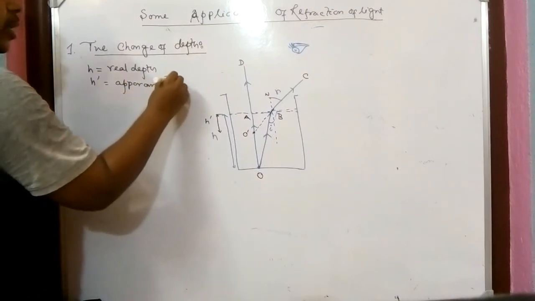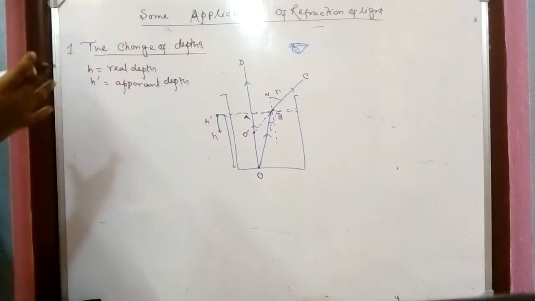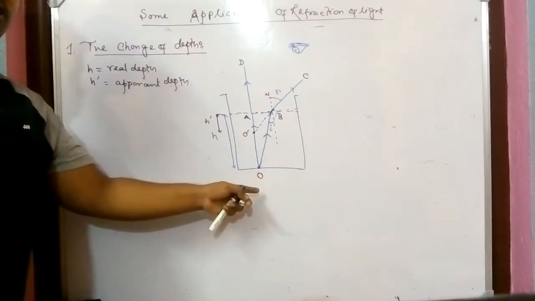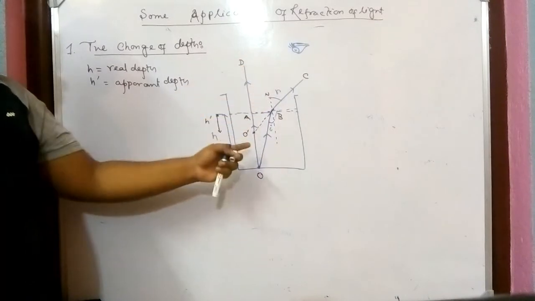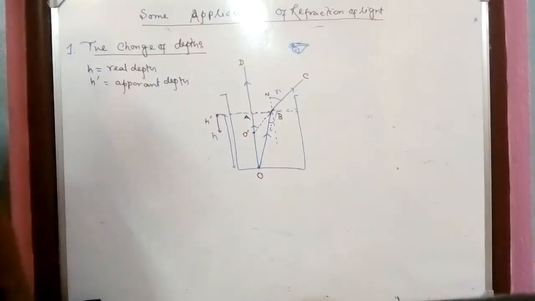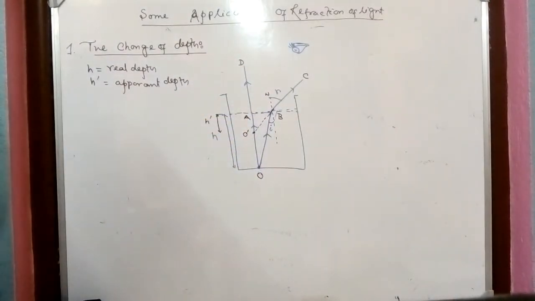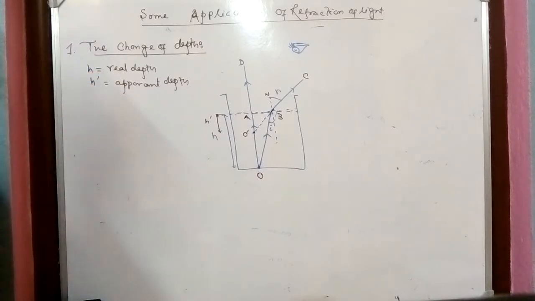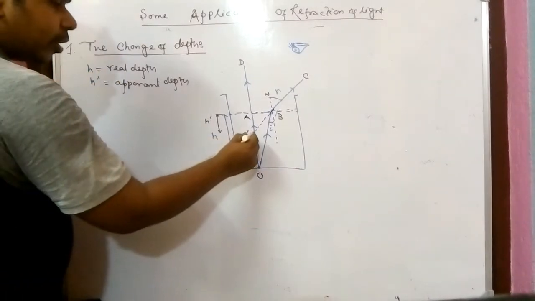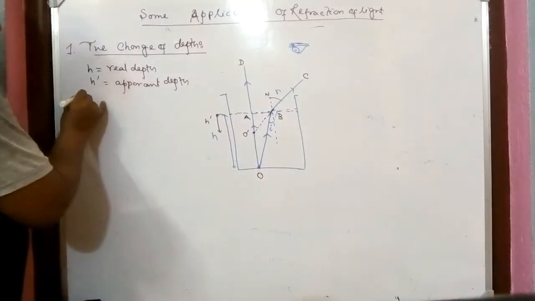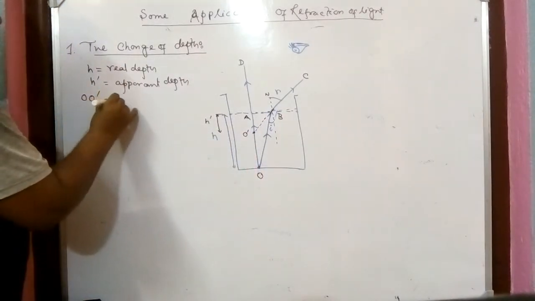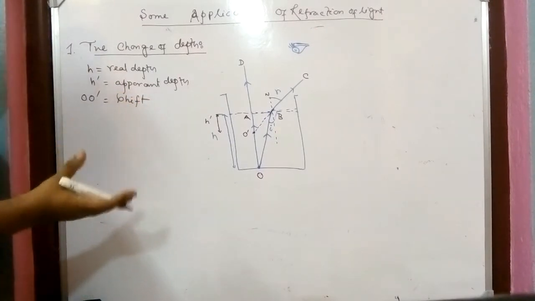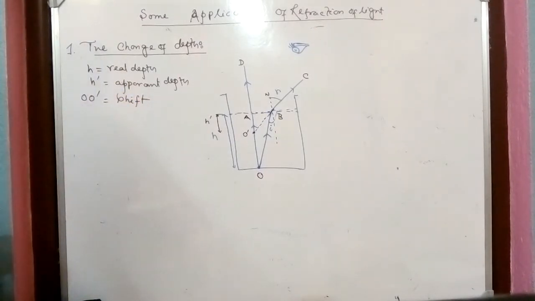Apparent depth means it seems to our naked eye that the light ray which is coming exactly from O is coming from O dash in a straight path. So that is real depth and apparent depth. Here a shift has occurred from O to O dash. So this is known as the shift, that much depth is decreased.